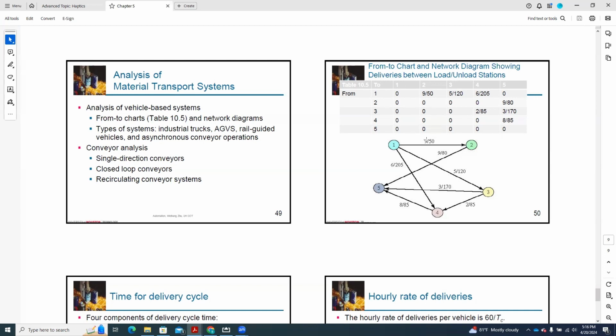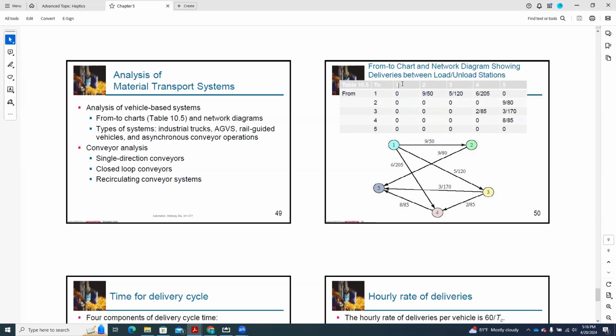Okay, so this is a simple example of how to construct a from-to chart. You will understand when you look at it. So you can see the relation. From, you can see on the table as well as on the precedence diagram, we are just writing down from and then the stations, and to and then the stations.